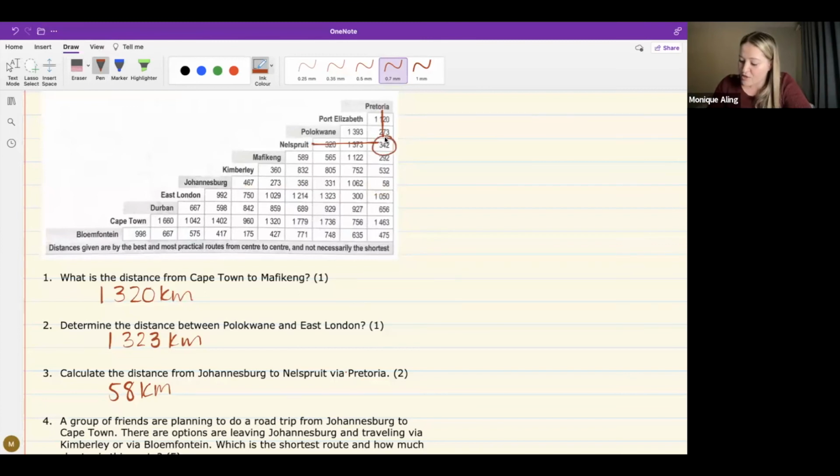It is 342. So I'm adding these distances together because the first part is just me going from Joburg to Pretoria, then from Pretoria to Nelspruit. So it's 58 plus 342. I'm going to double check myself. It is 400 kilometers. Nice.